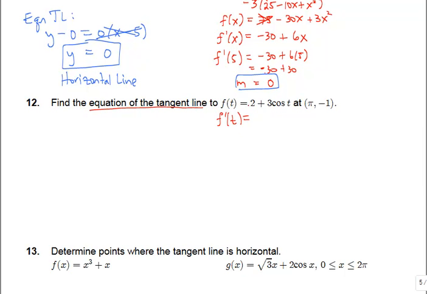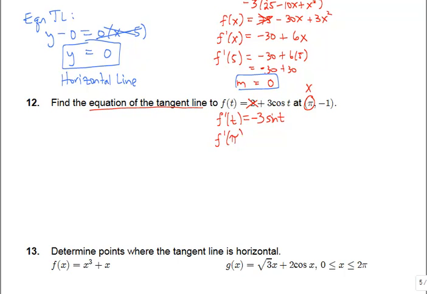The derivative of 2 goes to 0, the 3 will stay put, and the derivative of cosine is minus sine t. So f prime of t is negative 3 sine t. So what's the derivative at the point in question? Well, the x value of this point is that pi.